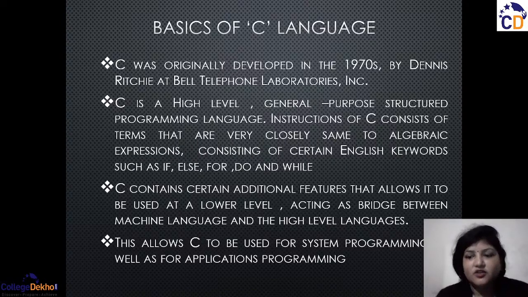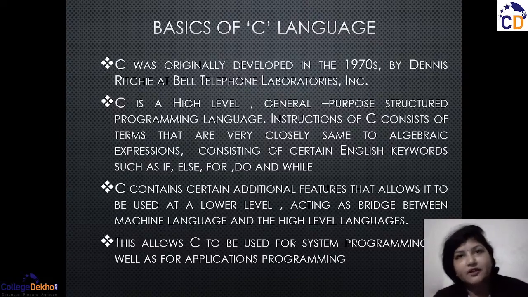C is a language which is nowadays the base for other languages also. Like if I'm going to teach the C language, and the student, like I'm teaching Python, the student does not have the knowledge of what are data types, what are variables, what are identifiers, what are looping concepts, what are iterations.